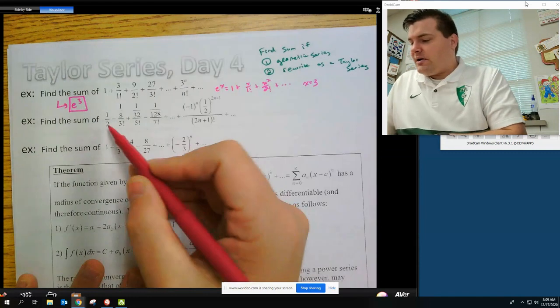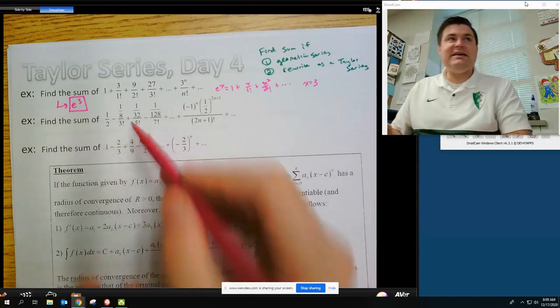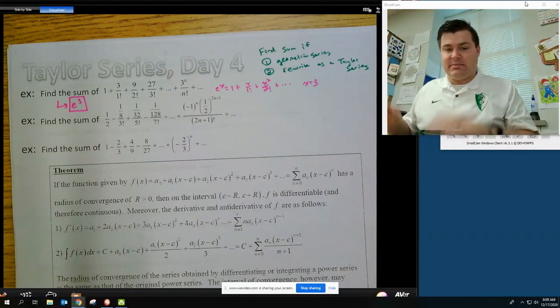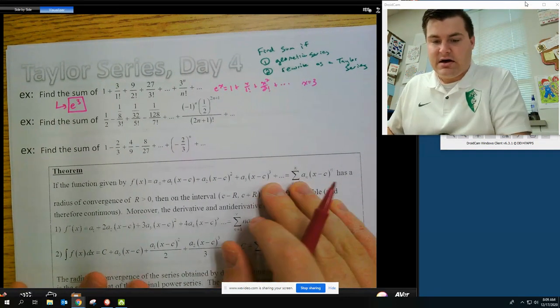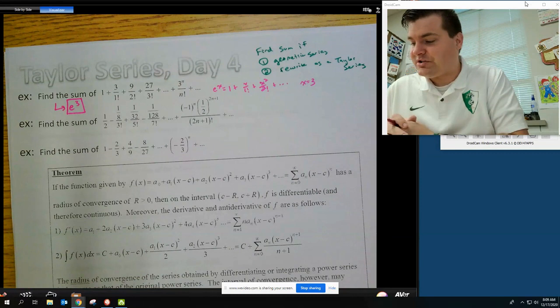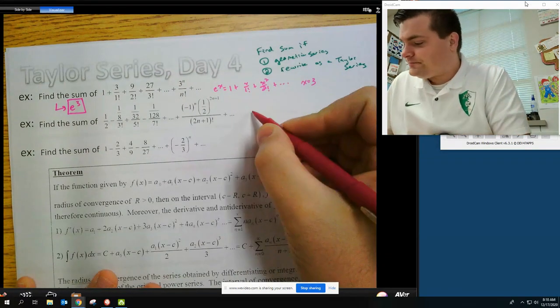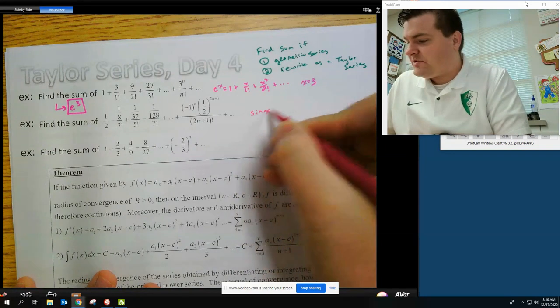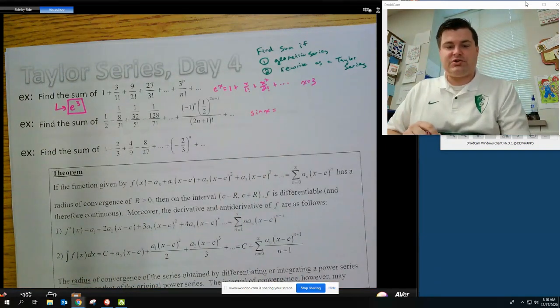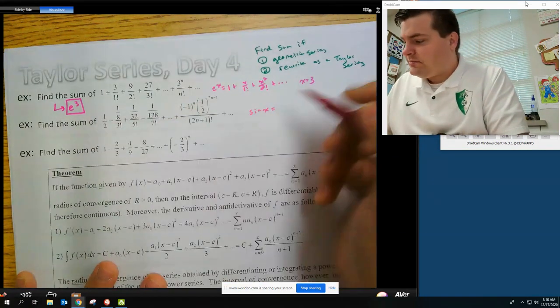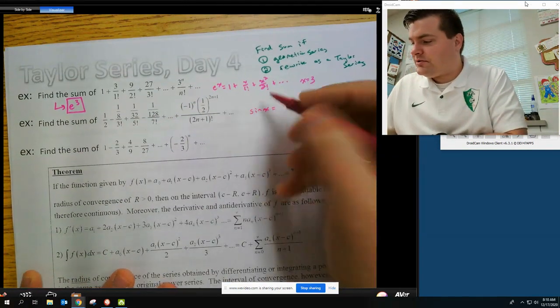So if you're looking here, I'm seeing odd factorials, so that's going to scream to me, it's probably sine. So this one looks just like a sine here. Sine of x, which is going to be 1 over. I'm just looking at this right here.